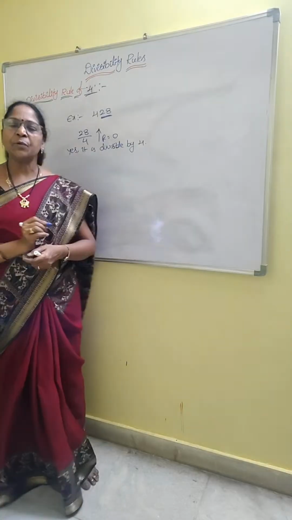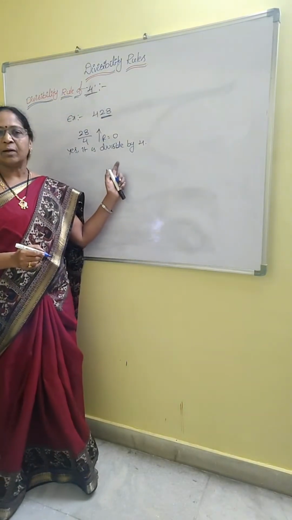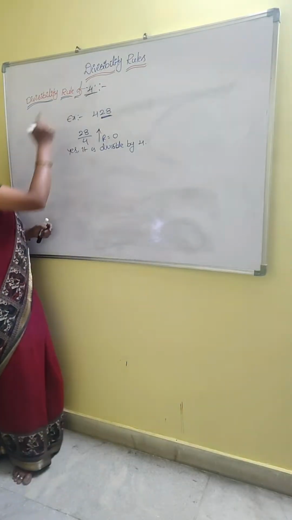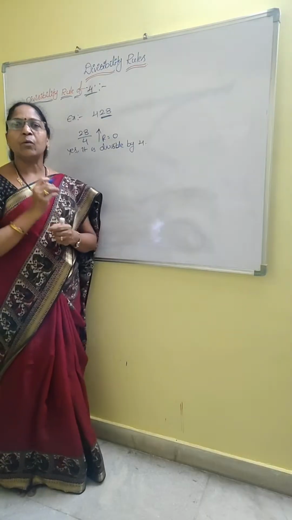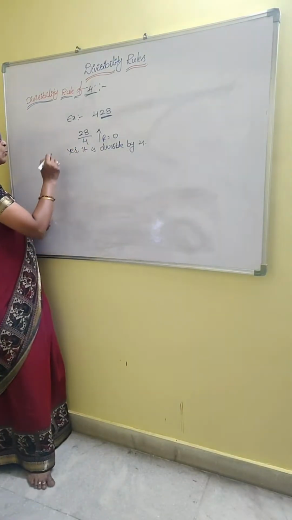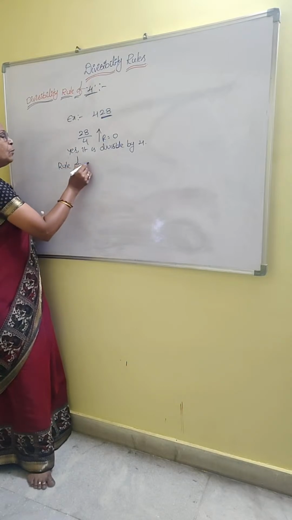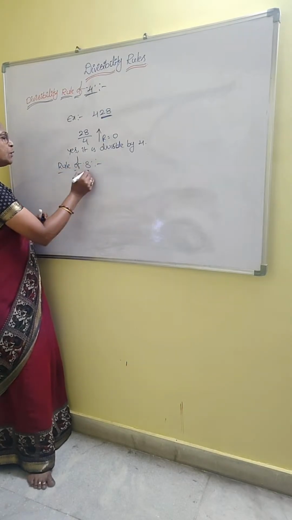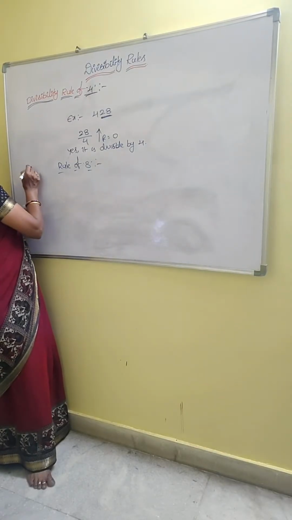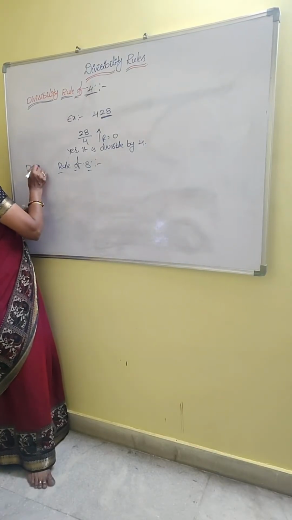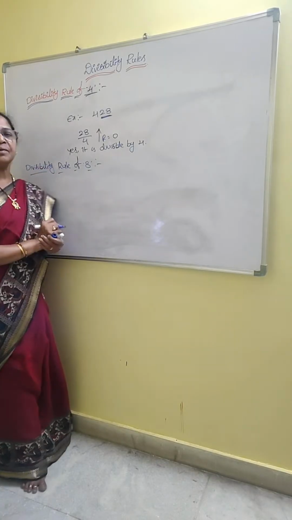This is a revision only, actually. I already completed this topic. Next, the divisibility rule of 8. 4 and 8 are quite similar here.